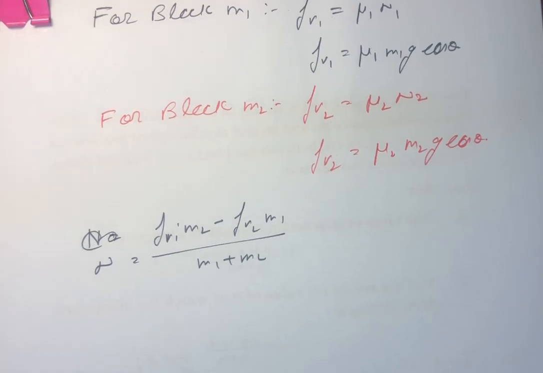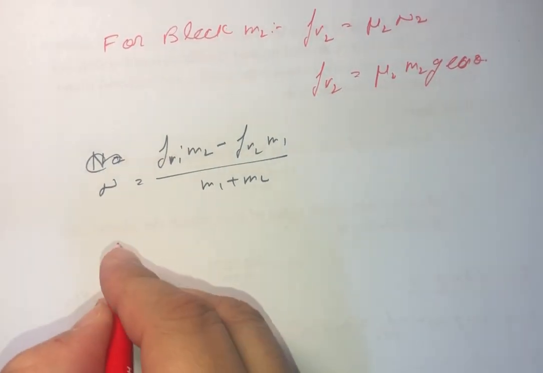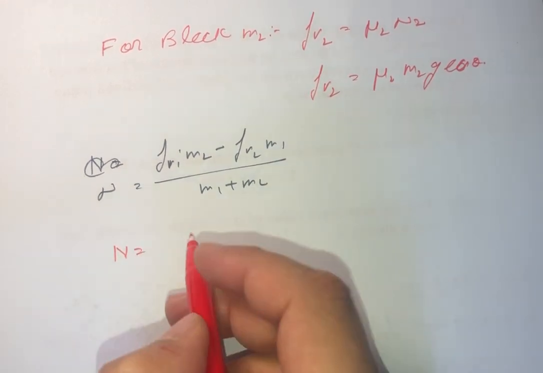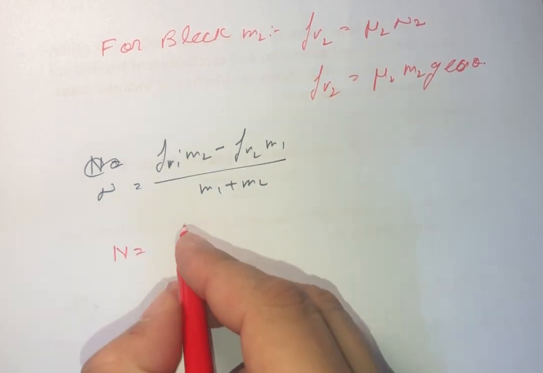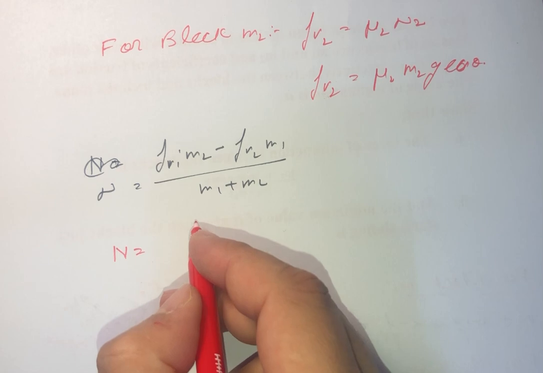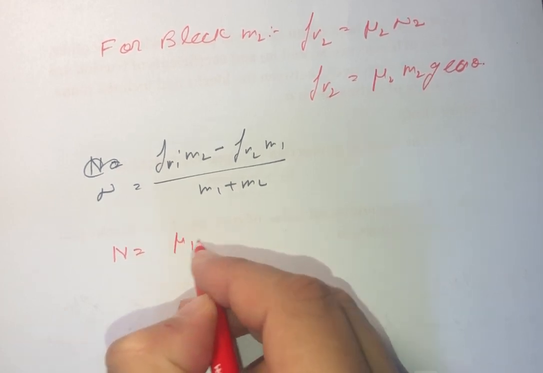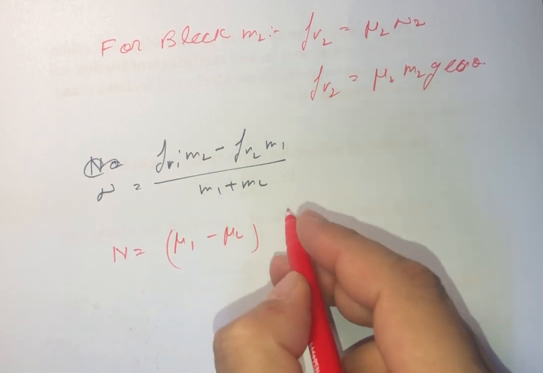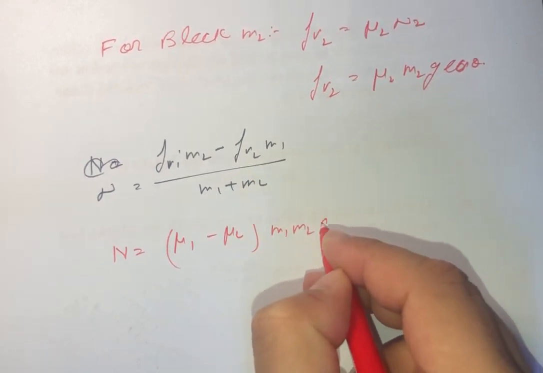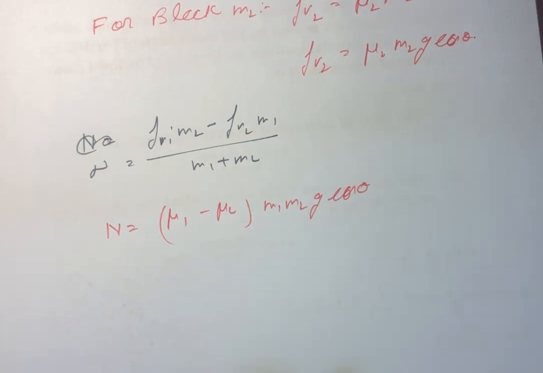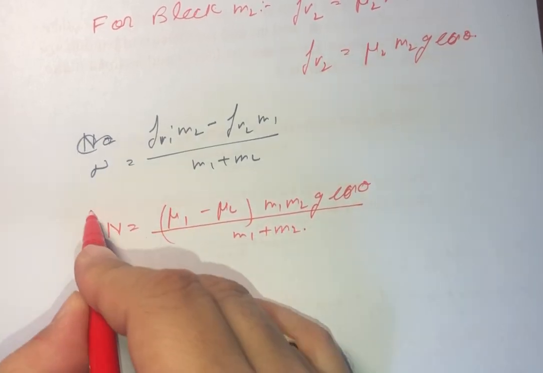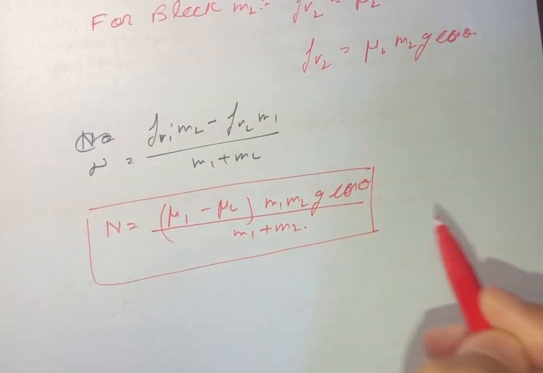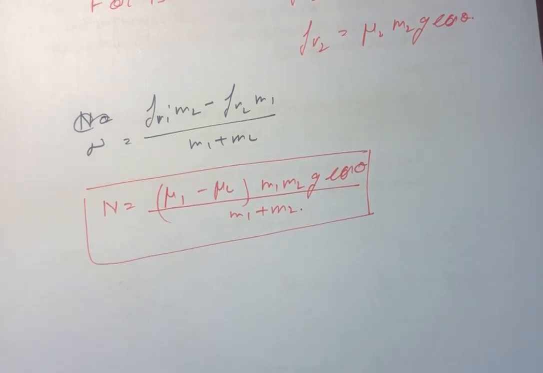So if we substitute in this equation, our normal is equal to, with fr1 as mu1 m1, and taking g cos theta as common, (mu1 minus mu2) m1 m2 g cos theta divided by (m1 plus m2). So this is our first part. We found out what our contact force is.